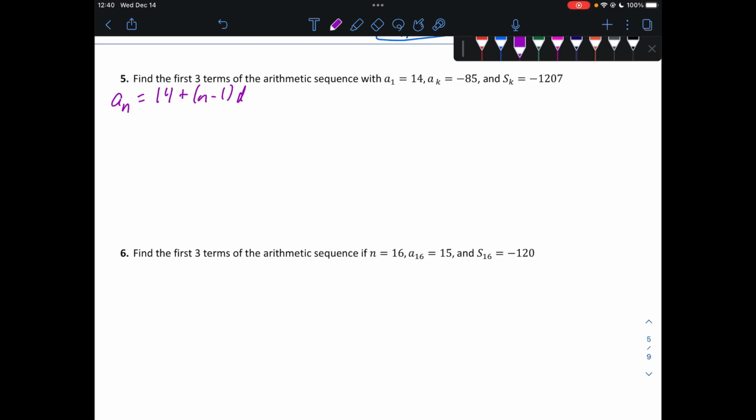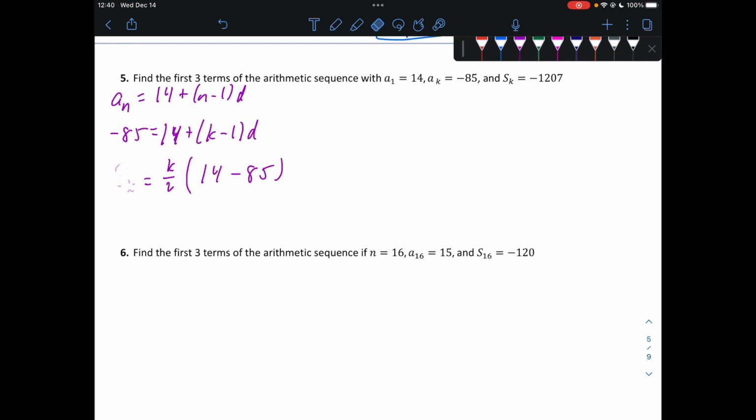I know a sub k equals -85. So -85 would equal 14 plus k minus 1 times d. I know the sum of the first k terms, so s sub k would equal k over 2 times the first term plus the last term, so 14 plus negative 85. And that's going to equal negative 1207.